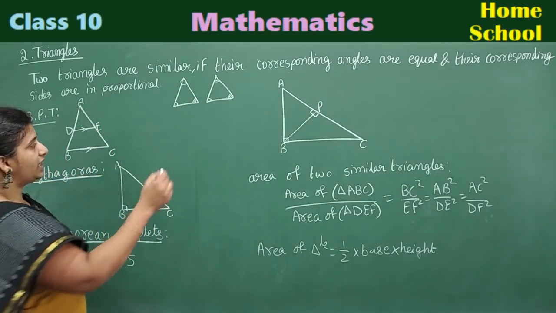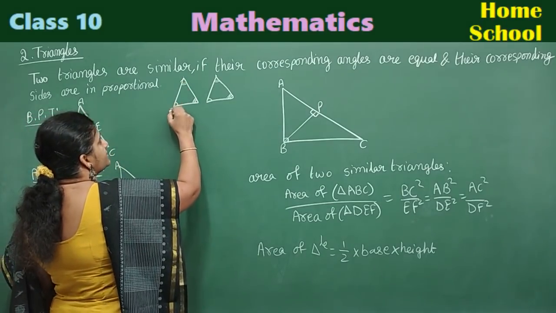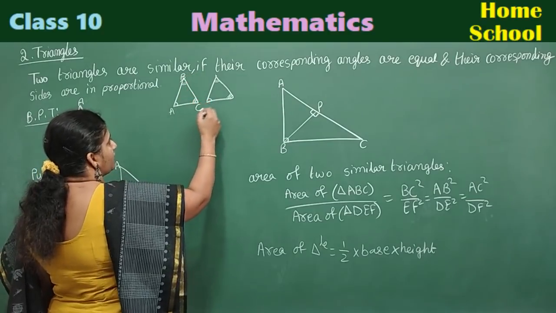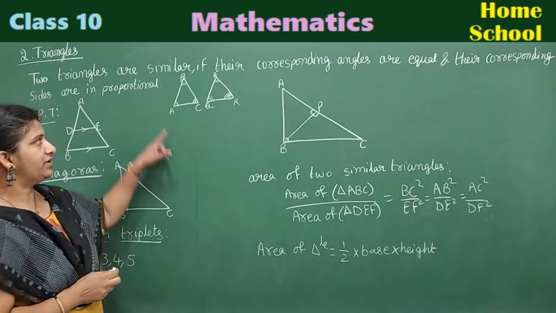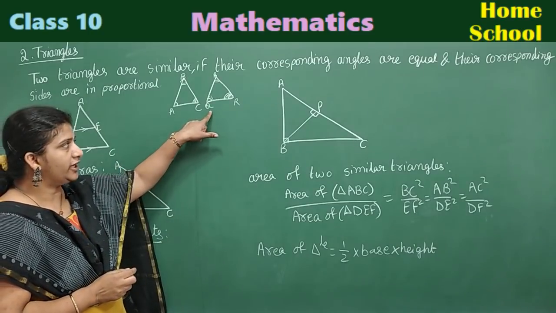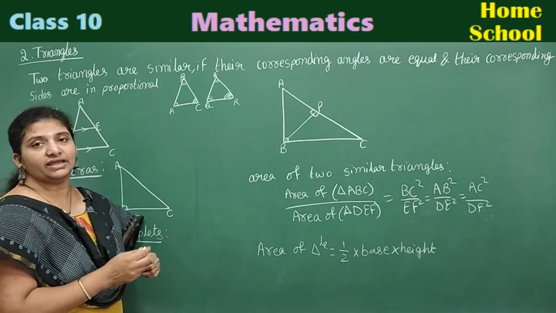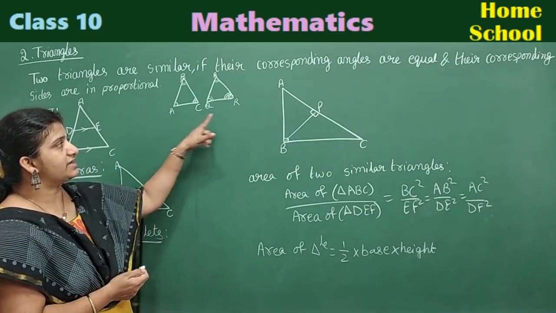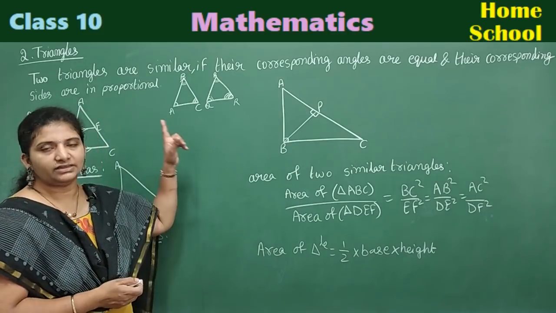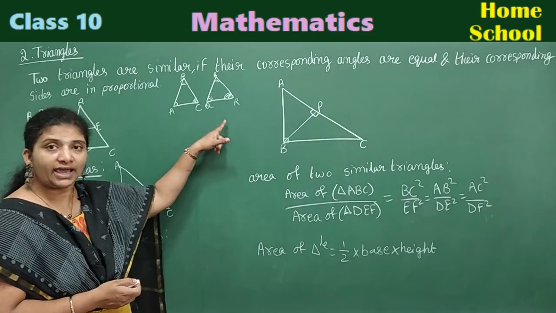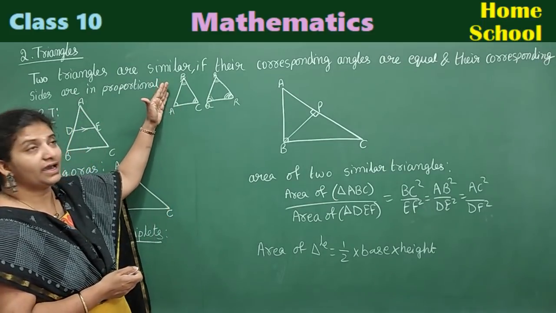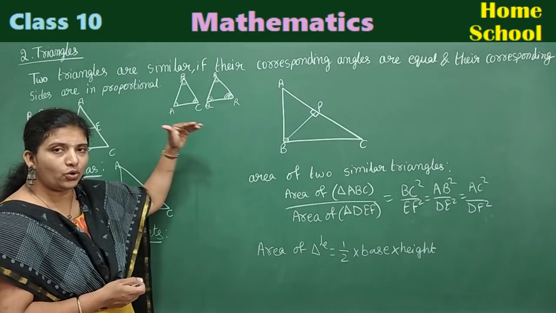Suppose they give you this is A, B, C and P, Q, R. Now observe here, angle A corresponds to angle P, angle B corresponding to angle Q, angle C corresponding to angle R. These two triangles are said to be similar if the corresponding angles are equal and their corresponding sides ratios are in proportion.